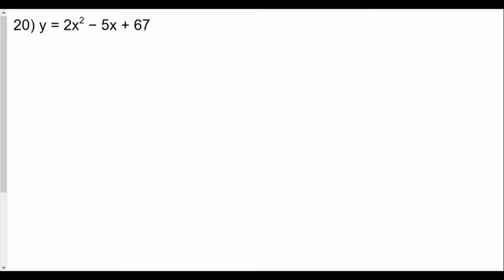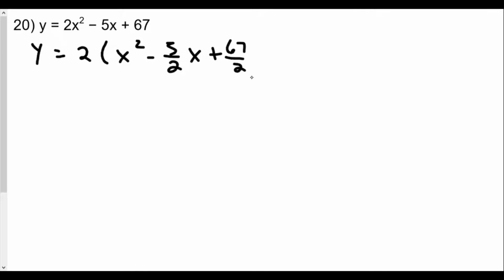So what we're going to do in this case is not divide by 2. Instead, we're going to factor out 2. Okay?